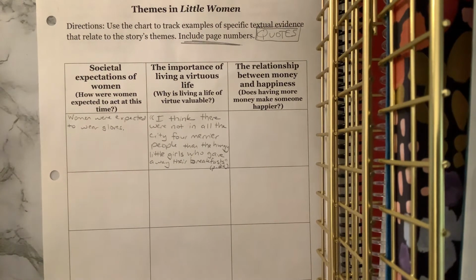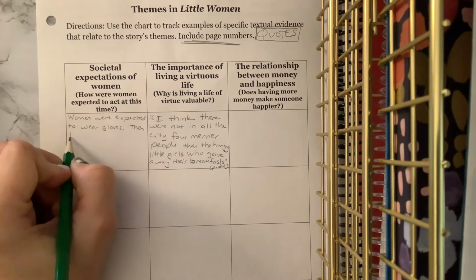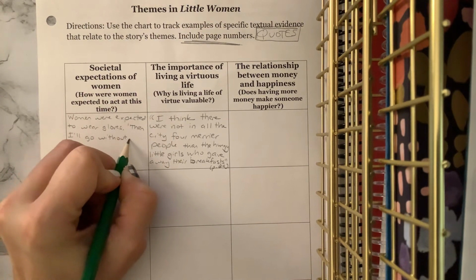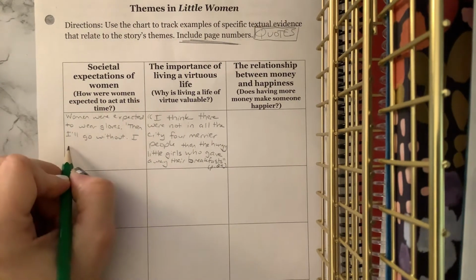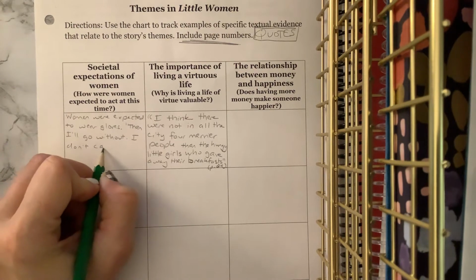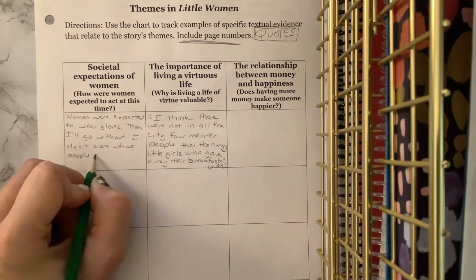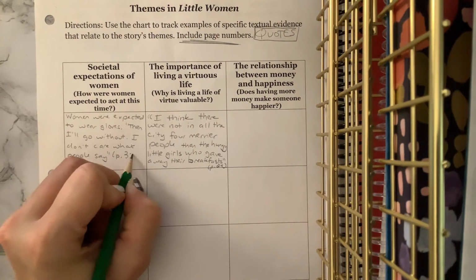And then our quote here, then I'll go without, says Joe. I don't care what people say. And this is on page 32.